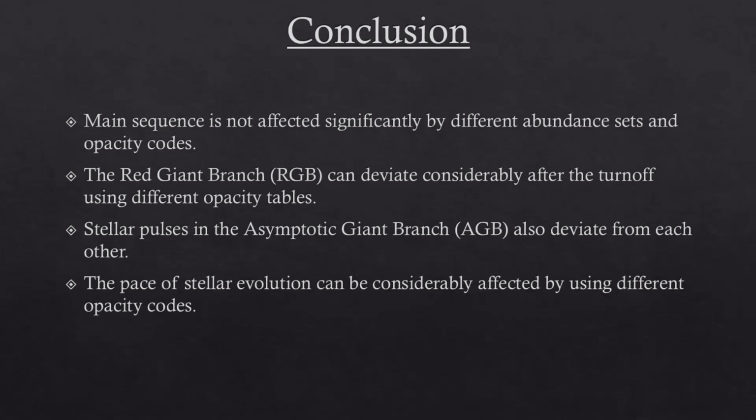The red giant branch can deviate considerably after the turnoff. The stellar pulses also are deviating in the AGB part. And using isochrones, we know the pace of stellar evolution is being affected by using different opacity codes. So this will be the conclusion from this.